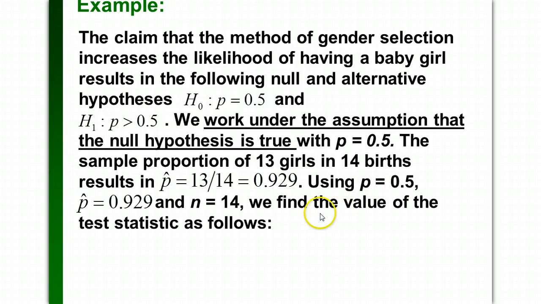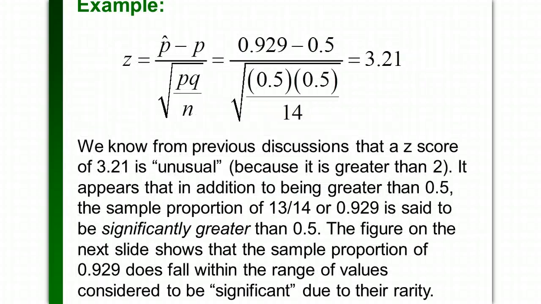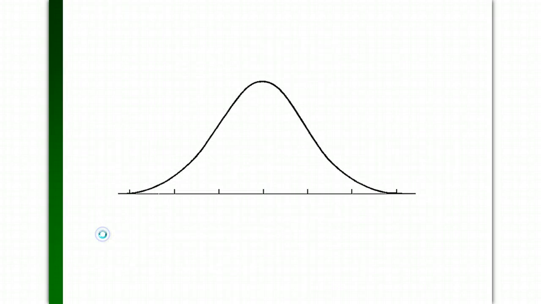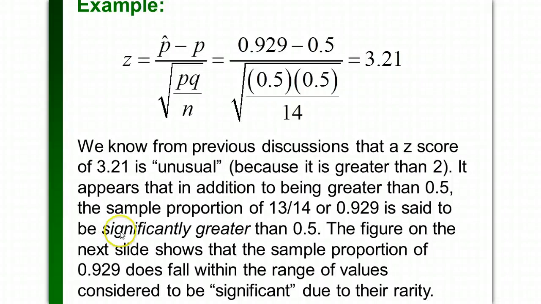Now, here's our setup, our test statistic. Oh, sorry, I skipped one. The z value comes from p hat, the actual number from our data, so that's the 0.929 here. p is the claim value, so we claim it to be 0.5.